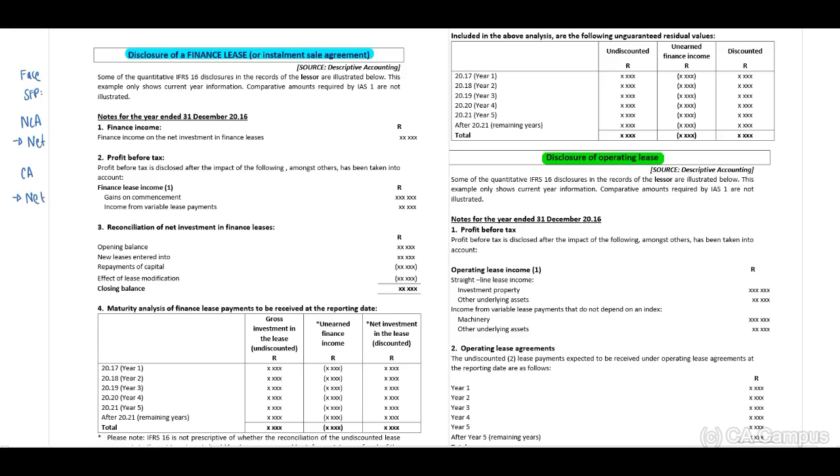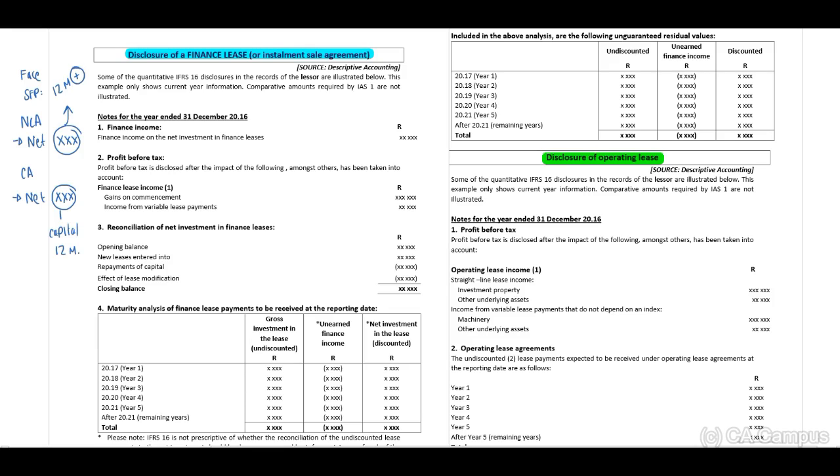The amount presented in your current assets shall be the capital portion that will be payable within the next 12 months of your lease, and the amount presented in your non-current assets section shall be the capital amount that shall be payable for the period exceeding 12 months.